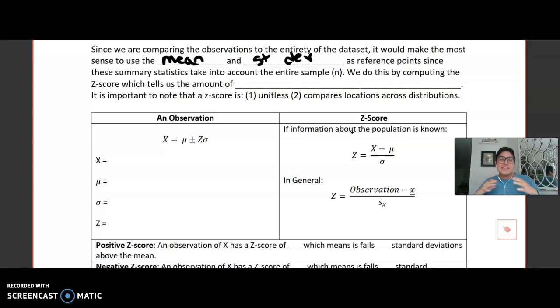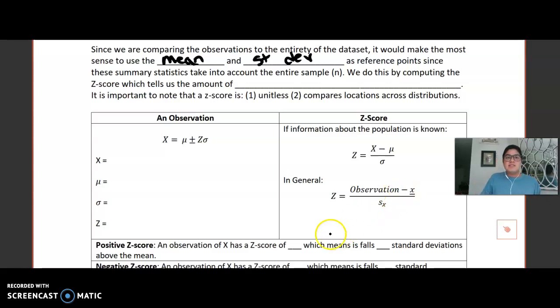However, since we're looking at the entire data set here, it doesn't really matter if our data set is skewed or symmetric, because both of these summary statistics are just going to tell us how the data is behaving. So I'm looking at the location relative to the mean, specifically how far away we are from the mean. We do this because they take into account the entire sample n.